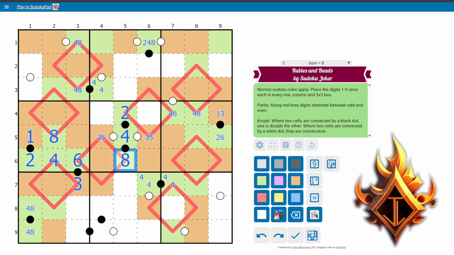I could also just say all 4 were in the row. I did not see that first though. Okay.